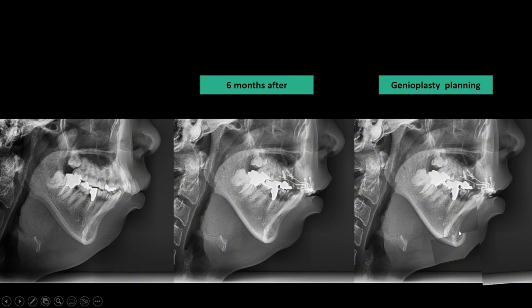And then the patient started to change her mind to accept genioplasty. Maybe she did genioplasty, but I don't have any more pictures of her, just this one.